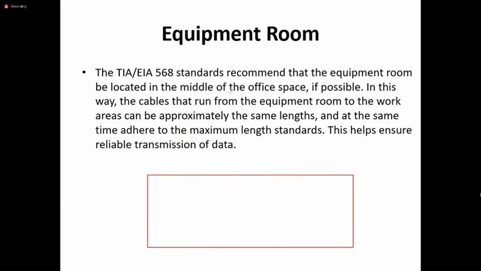If we have the equipment room somewhere, we can have it right in the middle, or on one side or this side. That can be decided according to how we place the users, like the tables or chairs which are arranged in this area.